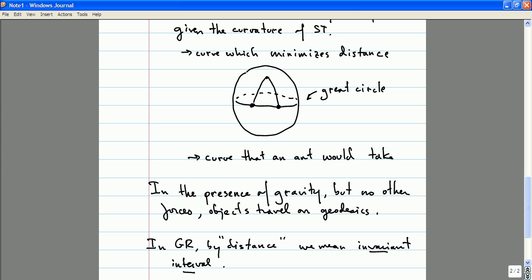So that's an example of how the curved geometry of a sphere is different from that of a plane. Just as an aside, can anyone tell me what the sum is? Is the sum going to be bigger or less than 180 degrees? Okay, good. Yeah. The easiest way to see that is to imagine three points, two of which are on the equator and one of which is on the North Pole.